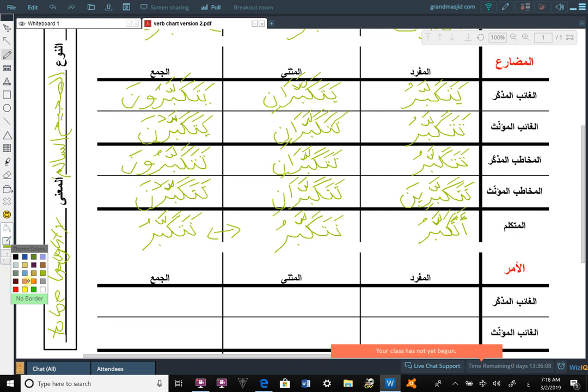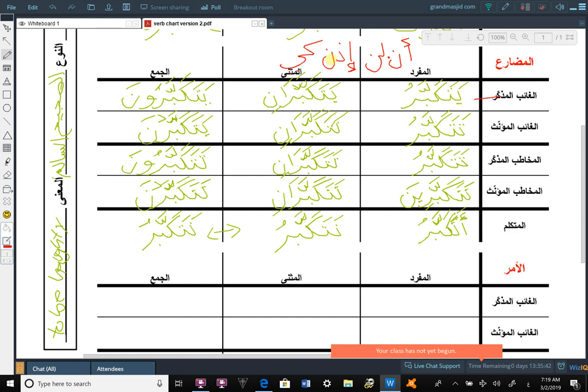Whenever we add an, lan, idhin, or kay to the front, before that, this is marfu' with a dhamma. All of these are marfu' with a dhamma. These are marfu' with thubut the noon, with the noon being present.